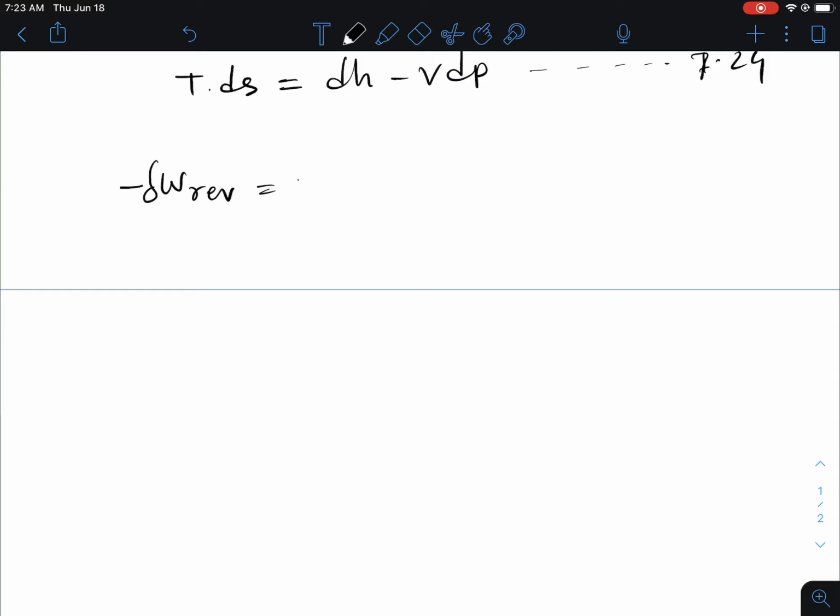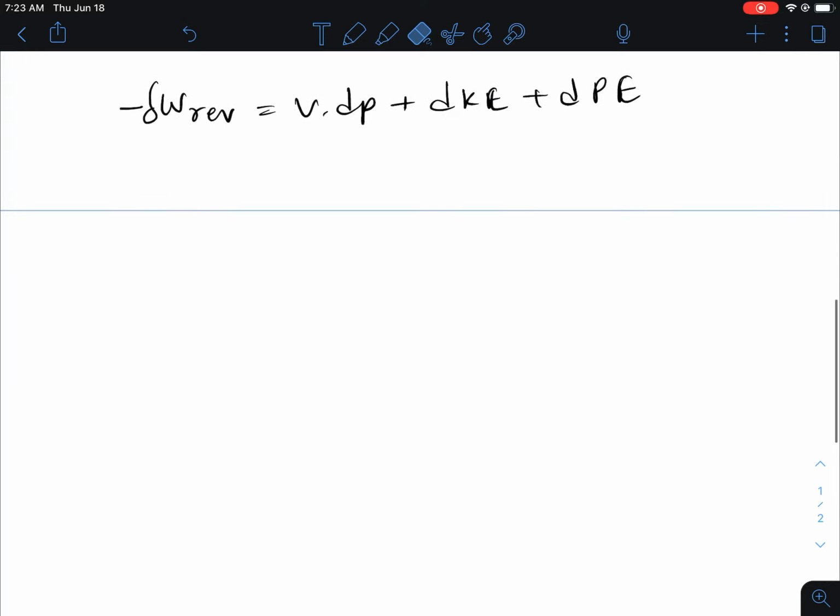So delta w reversible equals minus v dP minus dKE minus dPE.